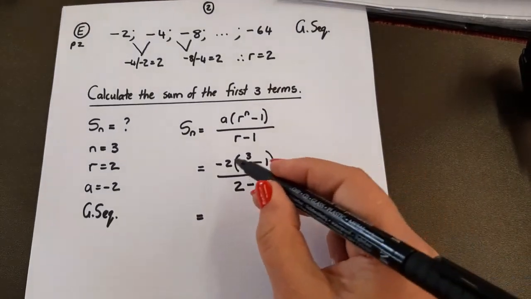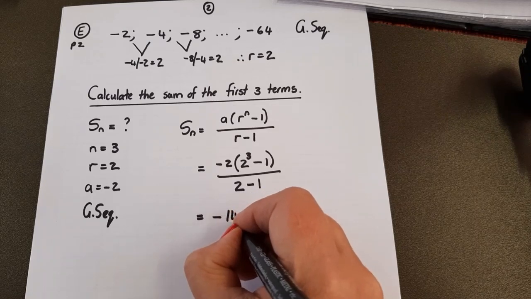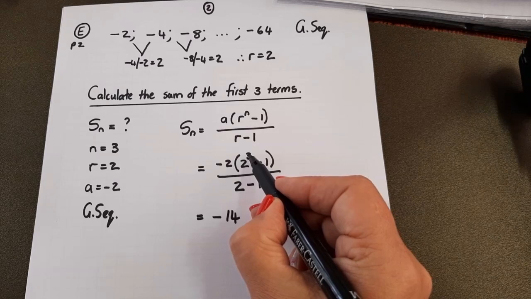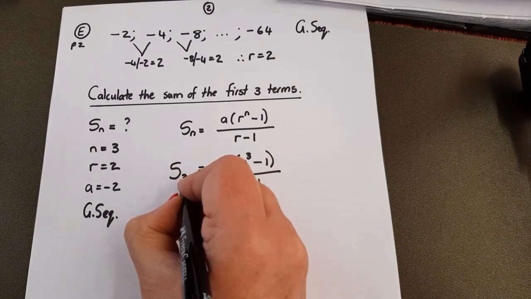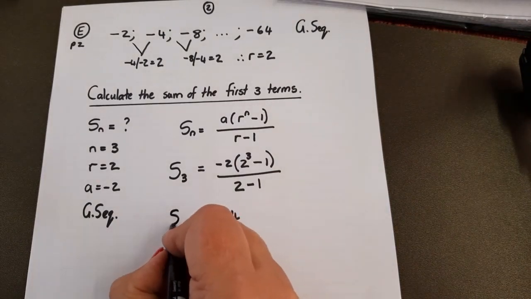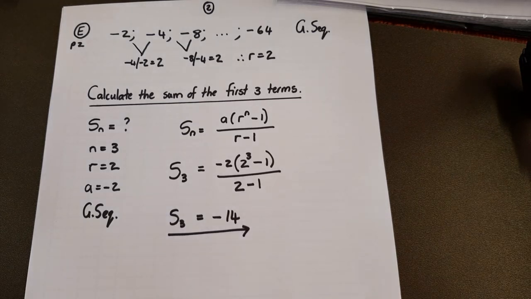And if you type that into your calculator, you will get minus 14. When you substitute n as 3, remember to write your S as the sum of 3 terms. So the sum of 3 terms is minus 14.